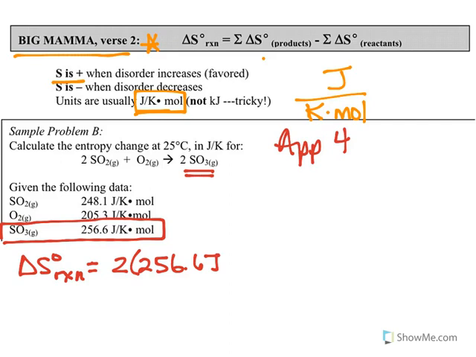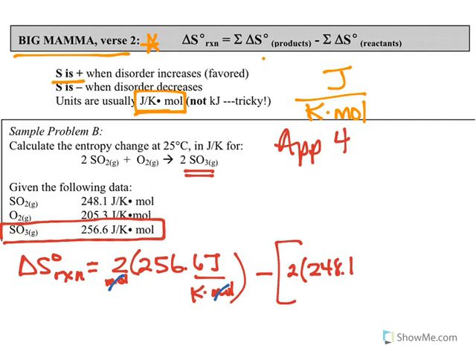256.6, and again that's joules per Kelvin times mole. Remember, this 2 here is really 2 moles because we've gotten it from the equation, and so our moles will end up canceling out, and we'll just have joules per Kelvin. We're going to subtract from that our values for the reactants, so we'll have 2 times SO2, which is 248.1, and I'm going to add to that my amount for O2.